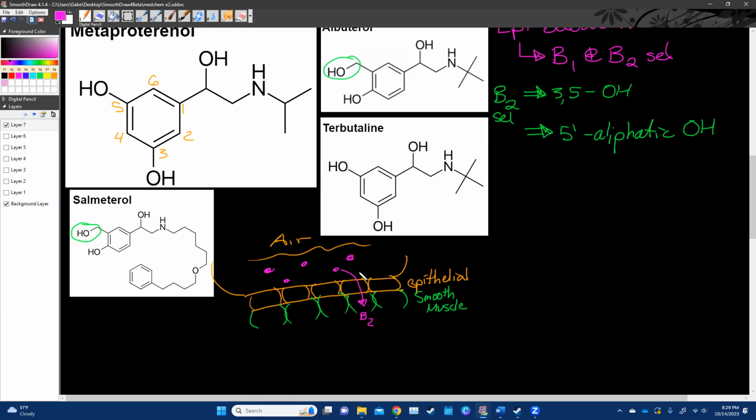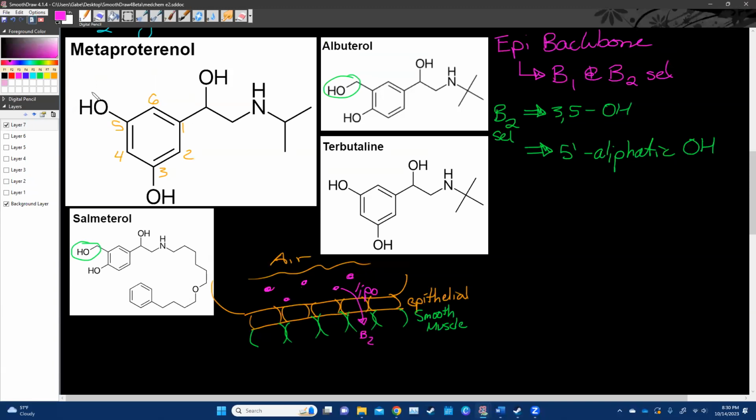So what that means is that these drugs need to be fairly lipophilic in order for them to get to the smooth muscle. But what are all these different groups? What do we have here? OH, OH, OH, NH.